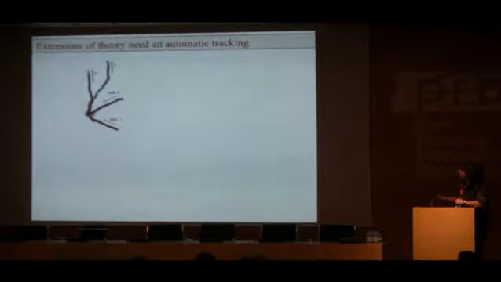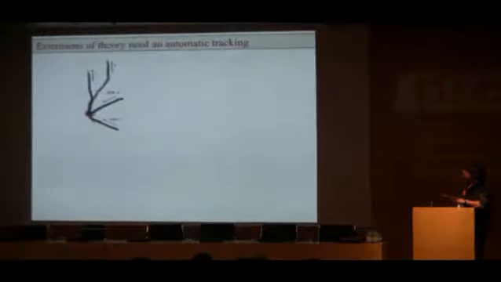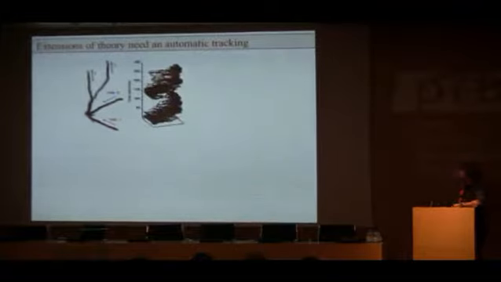So the problem is the following. When you have two animals crossing, here you have two zebrafish, they have a point of interaction, and if you know that this is individual 1 and this is individual 2, it's actually not that easy, neither for the human side, nor for any existing algorithms, to tell whether this is 1 or 2 or the reverse. And the state-of-the-art methods, if you apply them, you obtain the following.